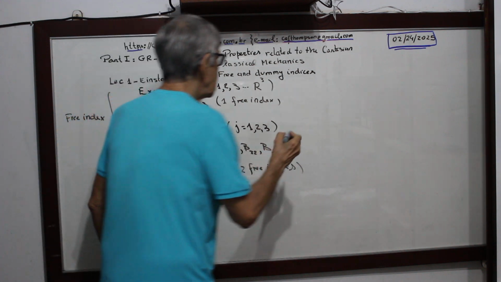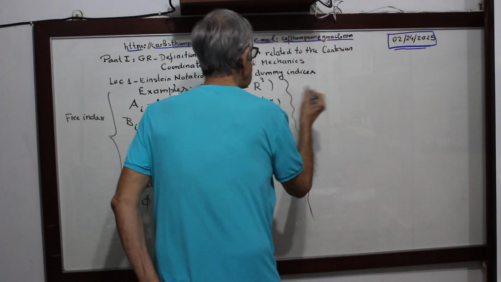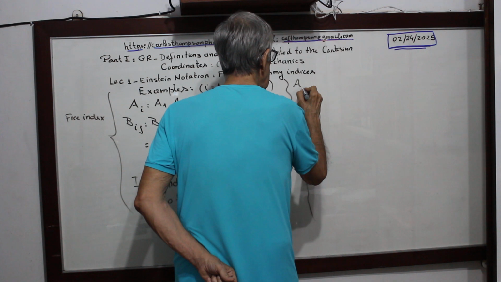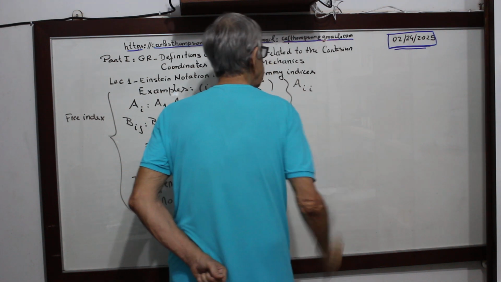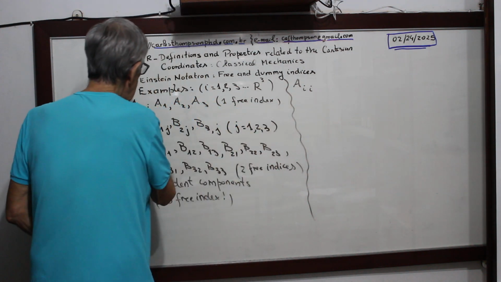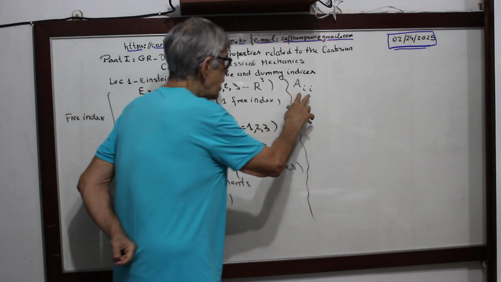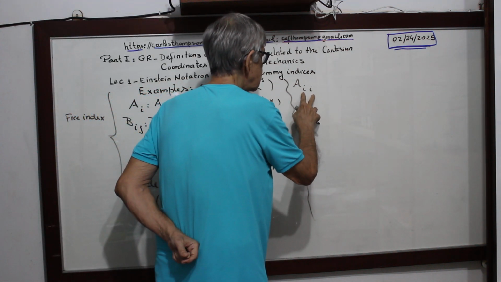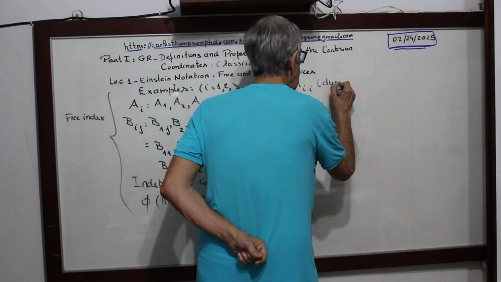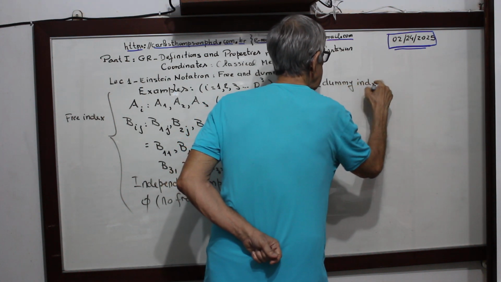Now, dummy index, example. Suppose I have A_ii. You see the difference here? Here I have 1 free index. Here I have 2 indexes. This is called a dummy index.